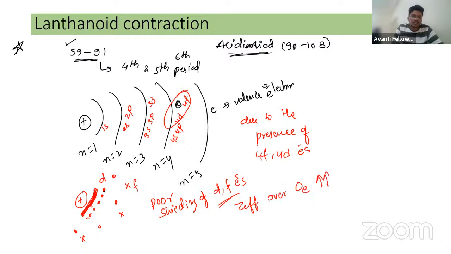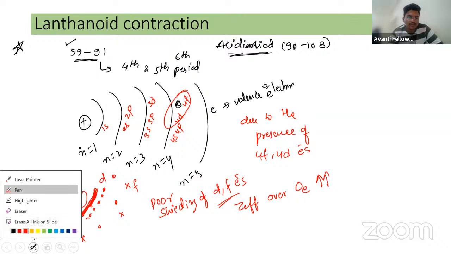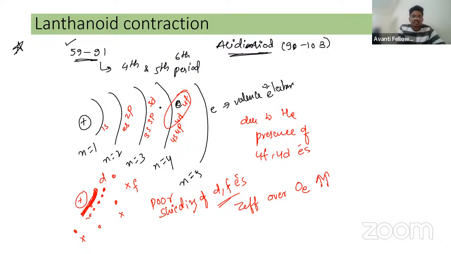increases. Why? You can clearly see from here. These are the d electrons, which I'm indicating with black color, and these are the f electrons. There is a big gap between them, so due to the gap the effective nuclear charge increases.